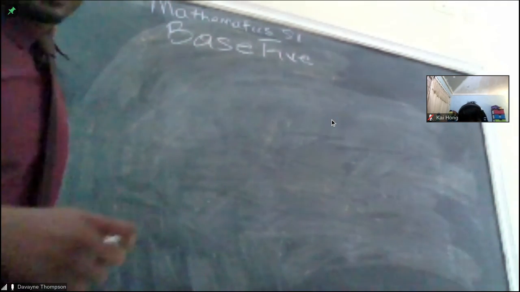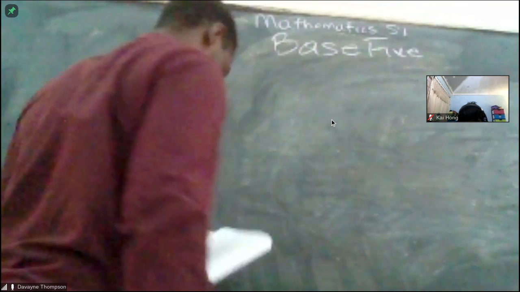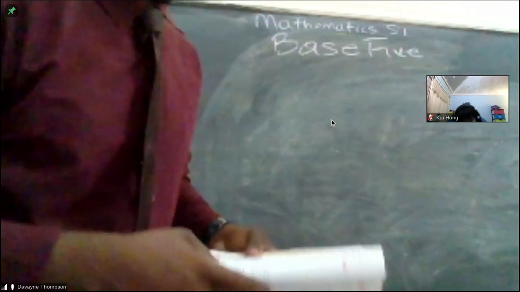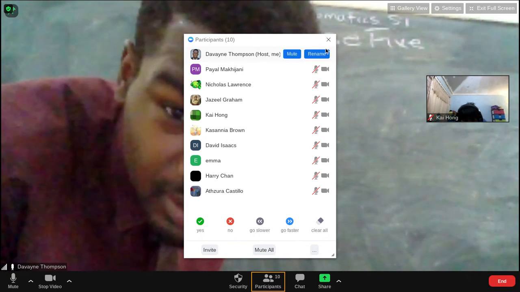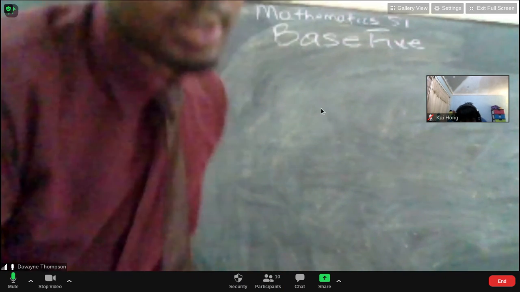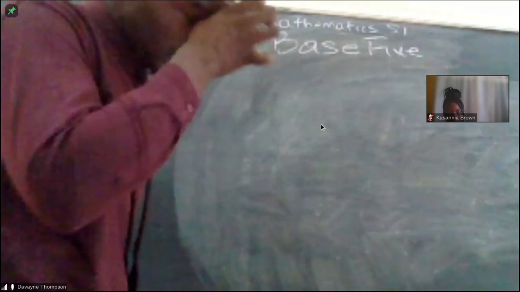Okay, here we go. Now, I want to ask someone to guess. What numbers do you think are allowed under base 5? Azura? Repeat the question. For base 2, we're only allowed to use 0 and 1.